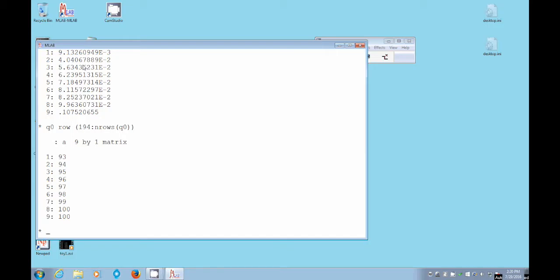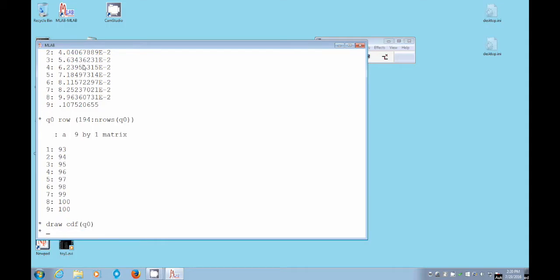So that's what I will do. I will actually draw a picture of the CDF function on the data Q0, which is sorted, and I will view that picture.